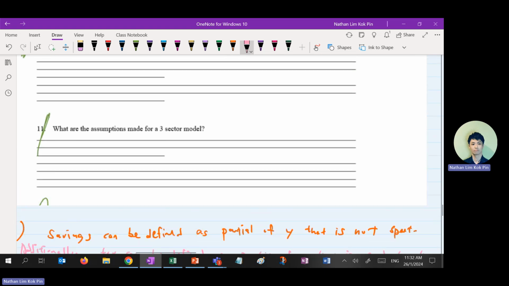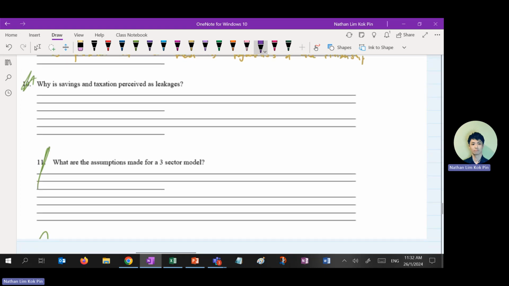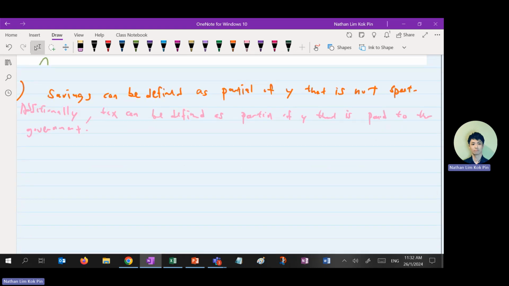After that, why are savings and taxation persistent leakages? First of all, savings is a withdrawal. Start with one by one, right?